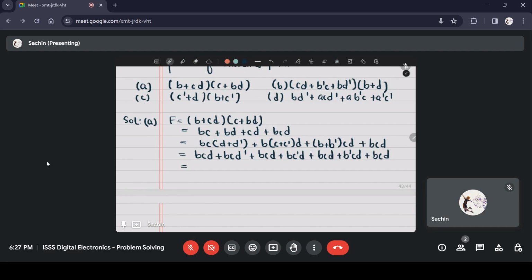So the terms, it would be easier if we write it in order. There's no B prime, C prime, D prime term. There's no B prime, C prime, D. There's no B prime, C, D prime. B prime, C, D is minterm 3, M3.